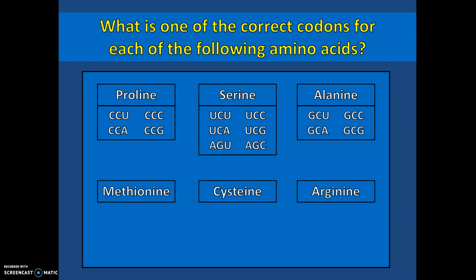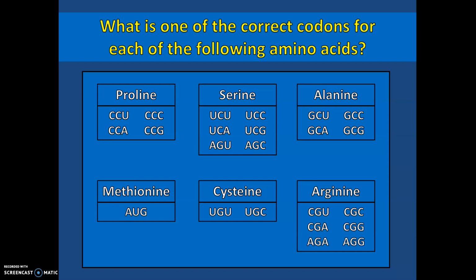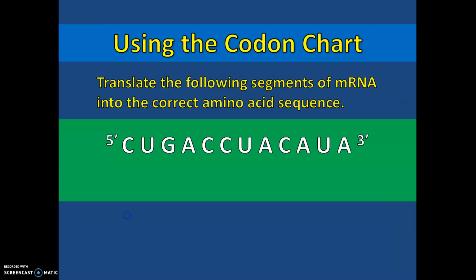Alanine, we might have GCU, GCA, GCC, or GCG. Methionine, one of the rare ones, only has AUG. Cytosine can have UGU or UGC, and arginine has CGU, CGA, AGA, CGC, CGG, and AGG.